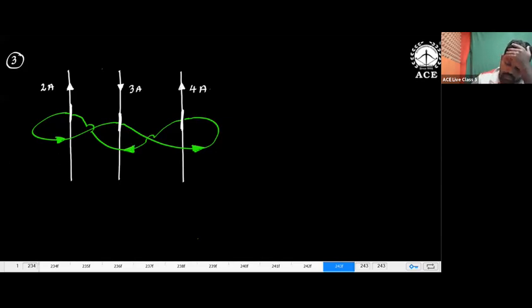There is a single loop rotated like this.